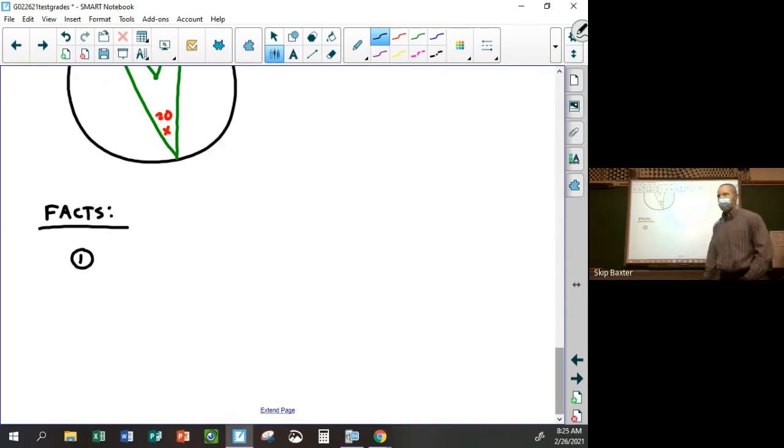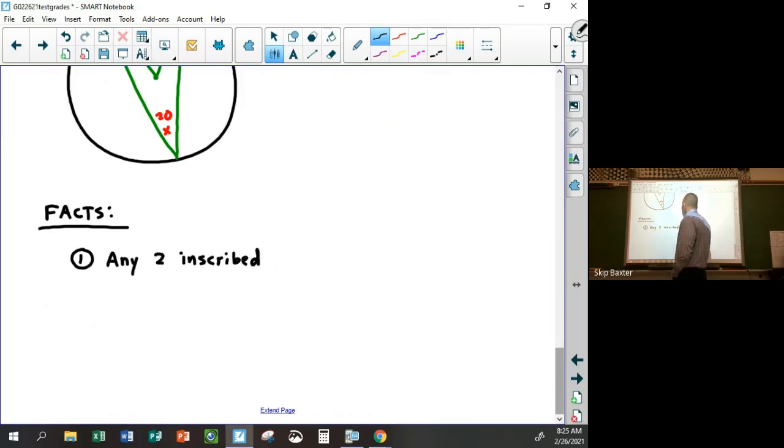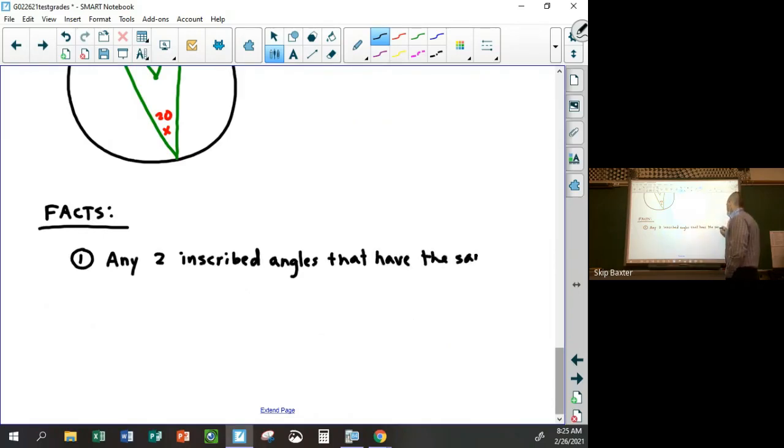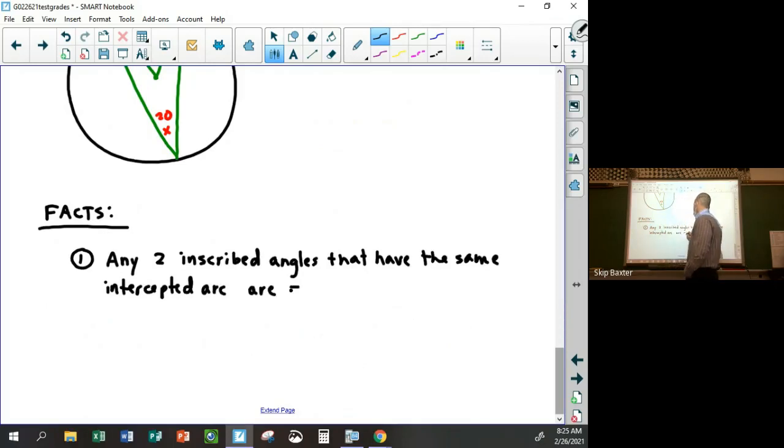There are two other things that come out of the inscribed angle theorem, which is just the fact that the inscribed angle is half its arc. Two important facts. The first fact is any two inscribed angles that have the same intercepted arc are congruent. Seems obvious when you see it written down.